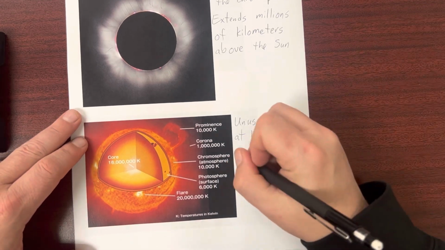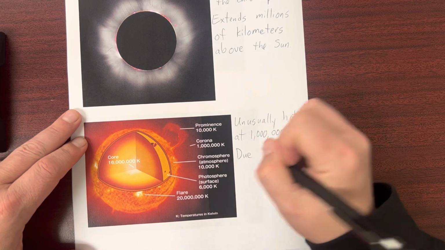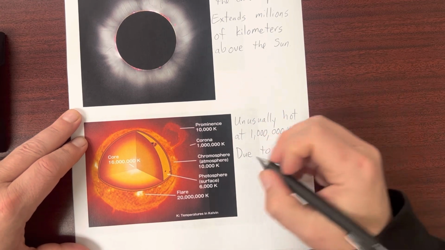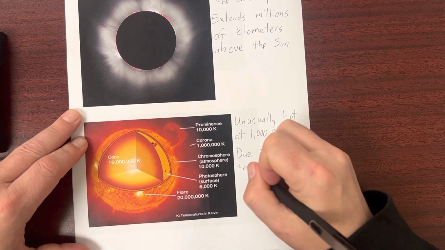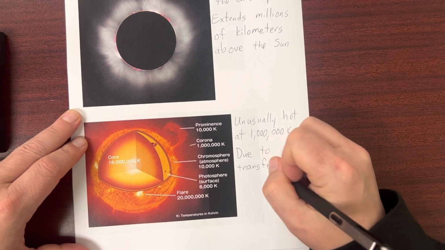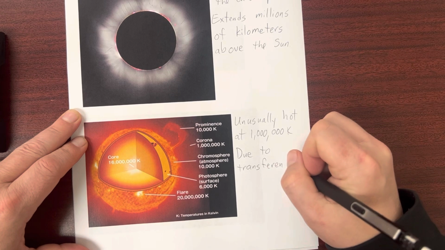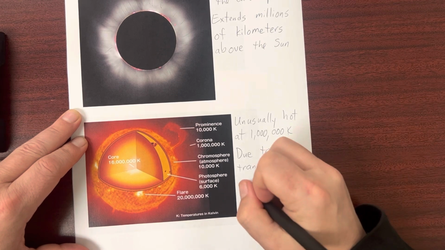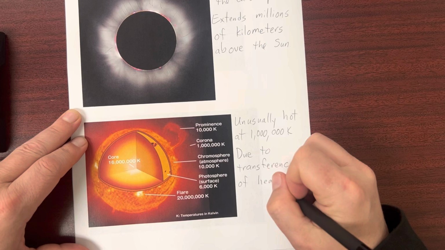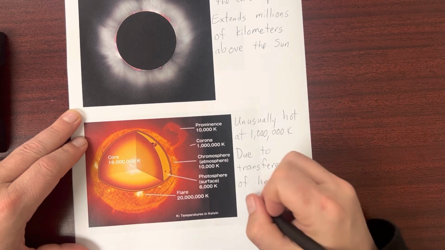And this is still an active area of research. But it appears to be that there's some kind of transference of heat from the sun to the corona because of an interaction with the sun's magnetic field.